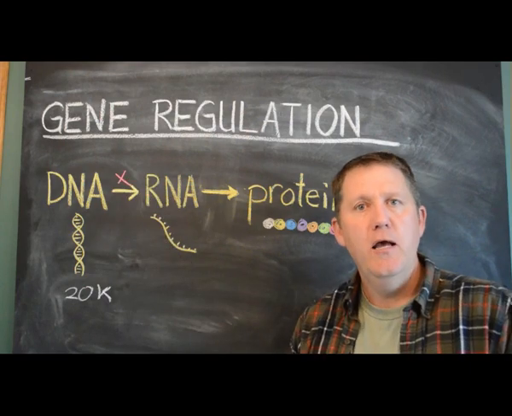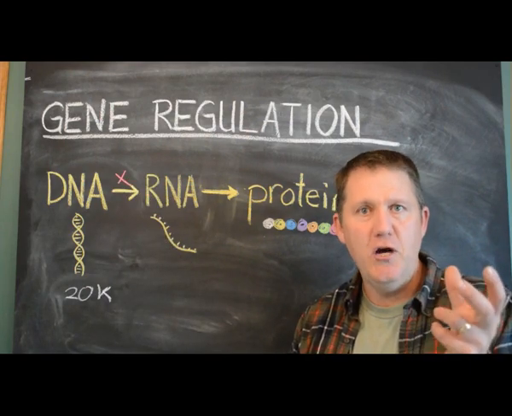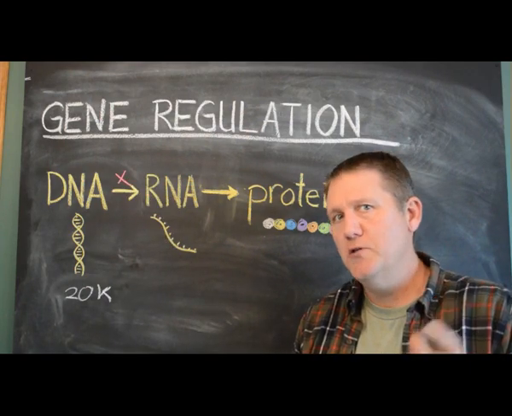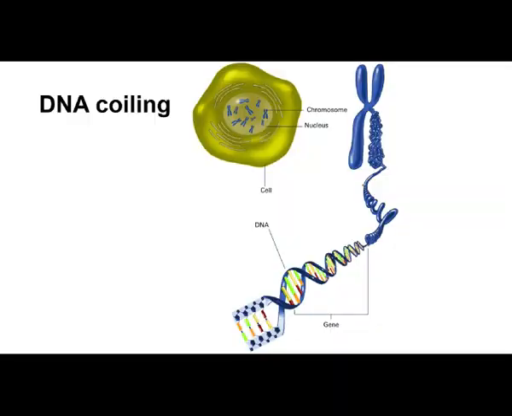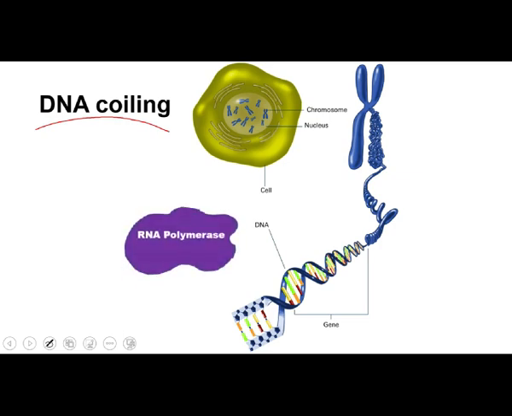So let's take a look at different ways we can stop, or at least control, transcription. Probably the simplest way of controlling gene expression is to just coil up the DNA to make it physically inaccessible to RNA polymerase. So when we've talked about molecular genetics, RNA polymerase comes in and acts on the DNA. When we talked about things like mitosis, we looked at the whole chromosome.